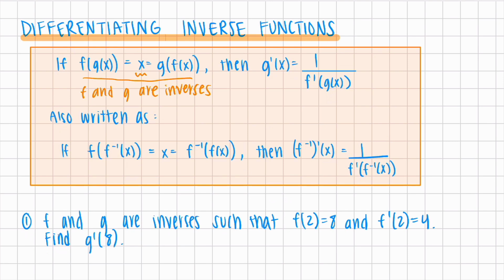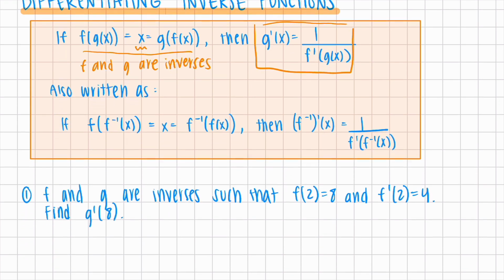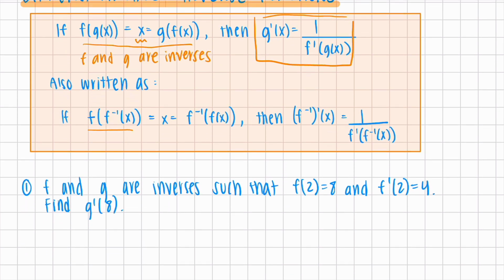So if f and g are inverses, then this is our formula. G prime of x equals 1 over f prime of g of x. Below, we basically have the same thing. Here, f and f inverse are inverses of each other. And then we have a second version of the formula. It's the exact same formula.